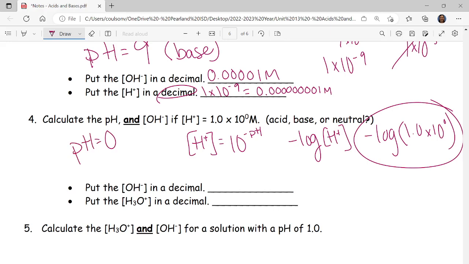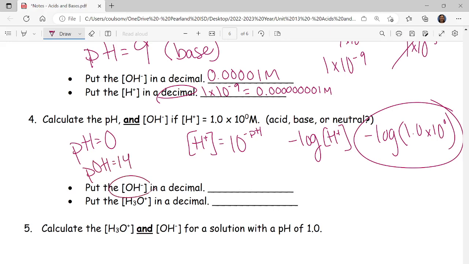Your pH is 0, which means that your OH concentration is going to be very low. Your pOH is 14, yes, because they have to add up to 14. But if your pOH is 14, how would I write the concentration?